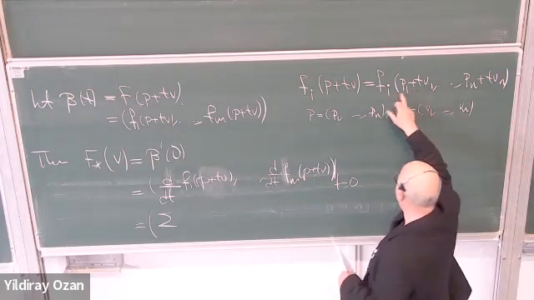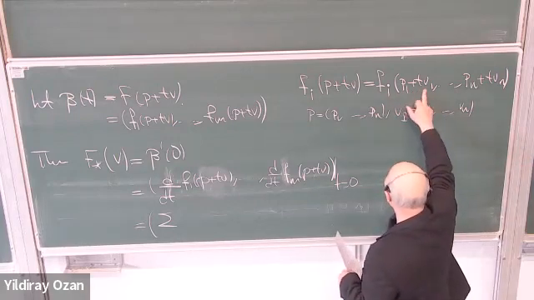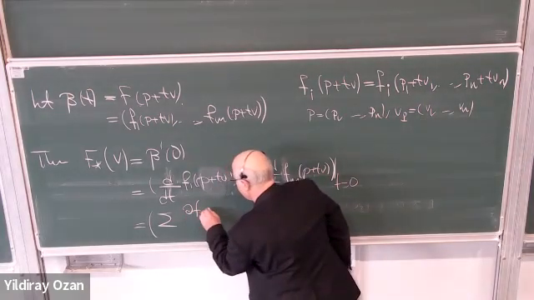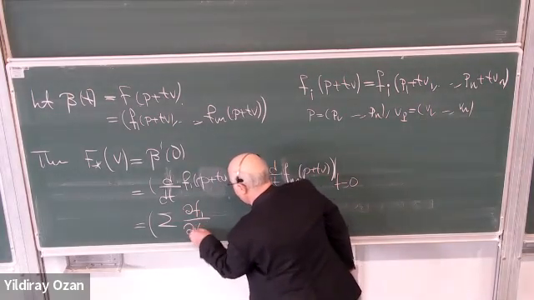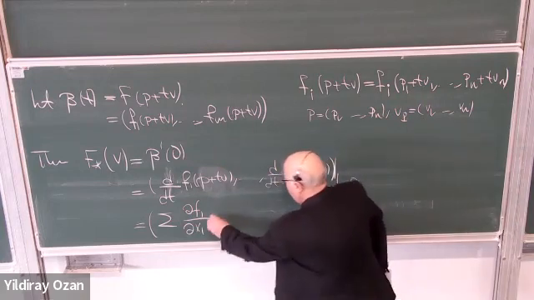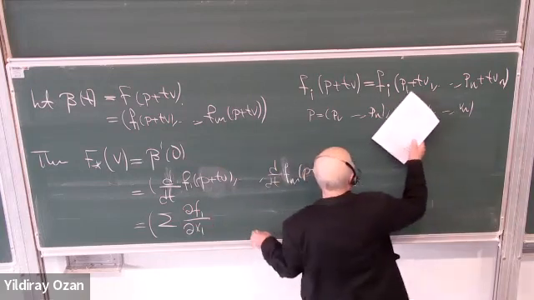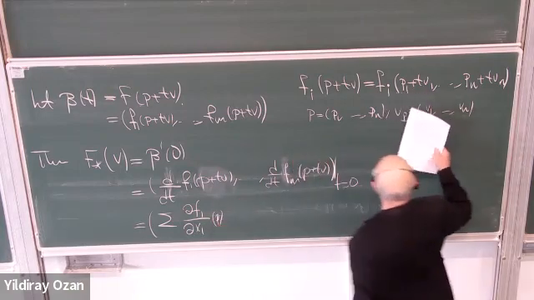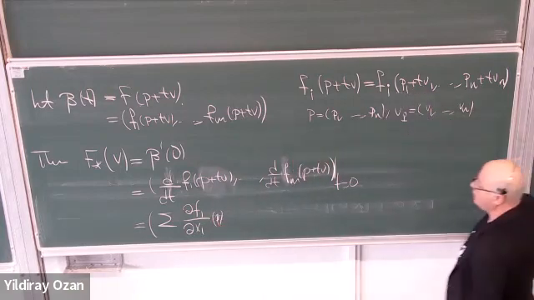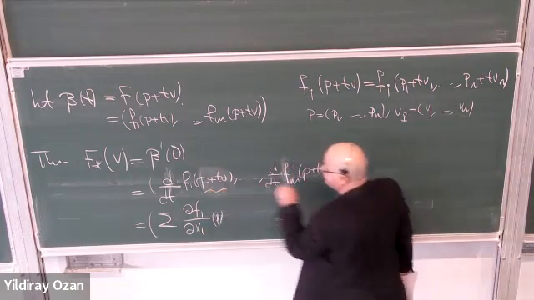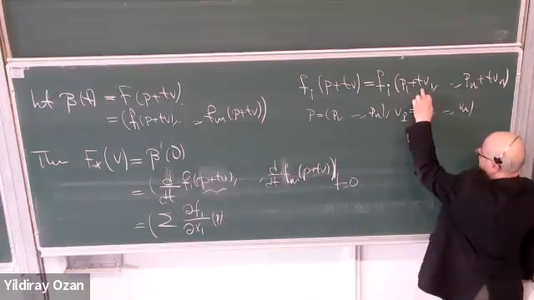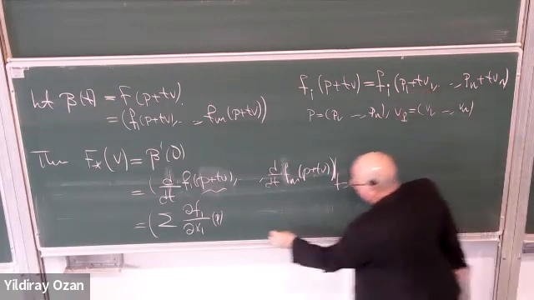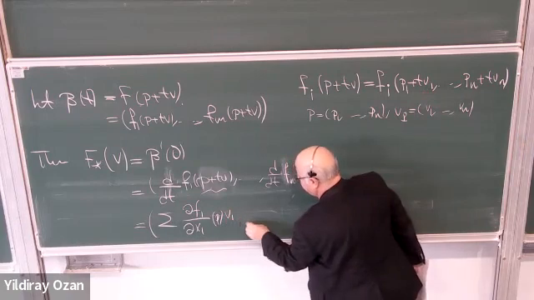So the derivative of f_i with respect to the first variable, which is x1. So what I do, I just take the partial derivative, and then I will plug in t equals 0. When I plug in t equals 0, I get the point p, of course, and then the derivative of inside this gadget with respect to t. What is the derivative of this with respect to t? Of course, it is just v1.